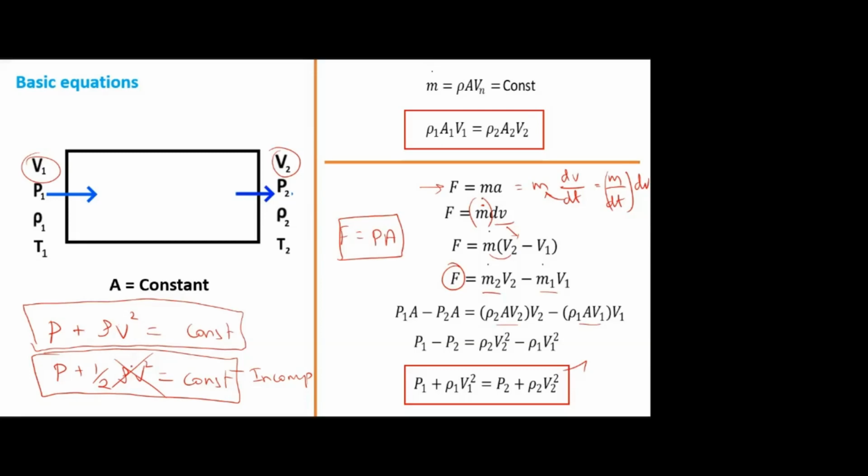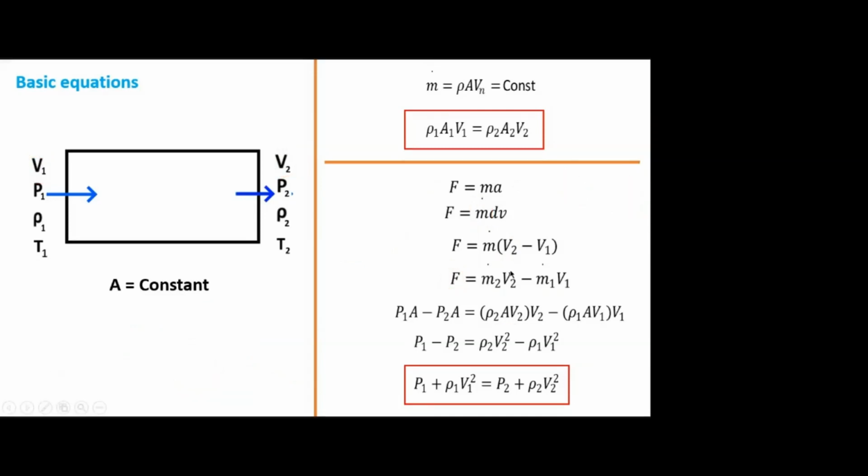Instead of the momentum equation, they used to write this Bernoulli equation. So the momentum equation is P plus rho V square is equal to constant. This is applicable to both incompressible and compressible flow. But this Bernoulli has a limitation: it is only for incompressible flow. This is not the momentum equation. It just relates pressure and velocity. It is totally different. So forget that Bernoulli.